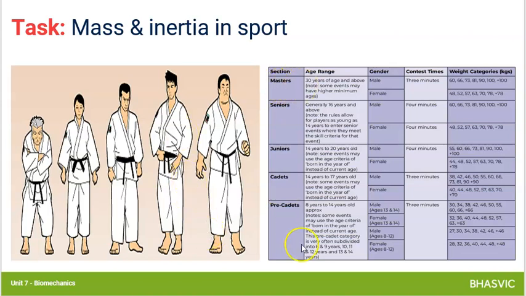Some sports have weight categories, age and or weight categories. Martial arts, weightlifting, a lot of contact sports are weight related, or mass related, I should say, and that kind of makes sense. It might be unfair competition to have somebody with a big mass and a big inertial value.